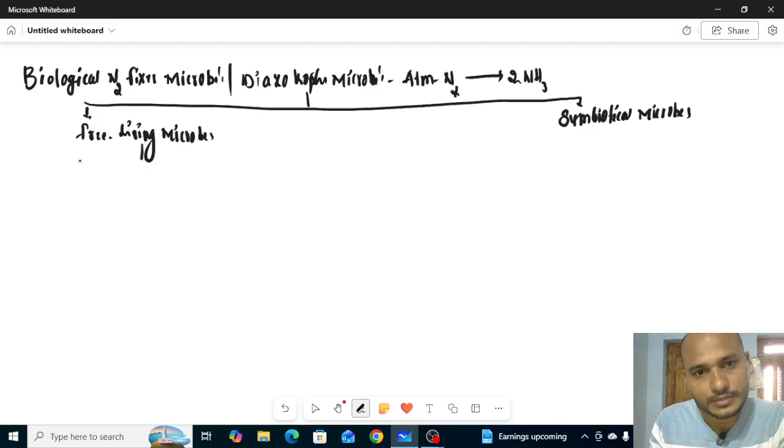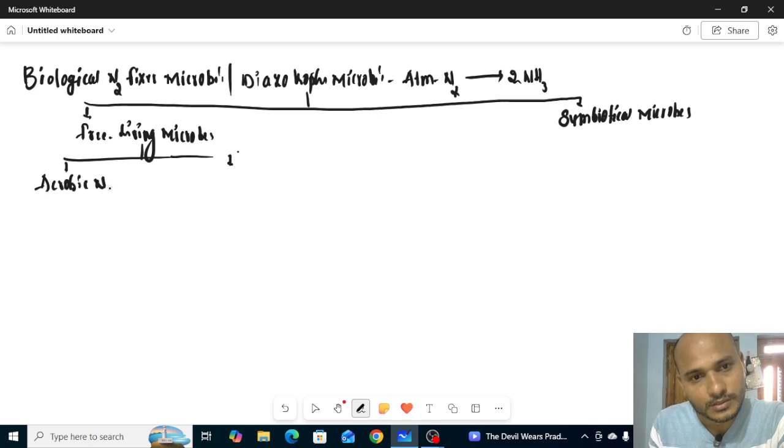Free living microbes, again we can classify into 2 categories because some microbes need oxygen for their survival, and some free living microbes can survive in the absence of oxygen. So based on that, we again subcategorize into 2 groups. They are aerobic free living nitrogen fixers and anaerobic free living nitrogen fixers.